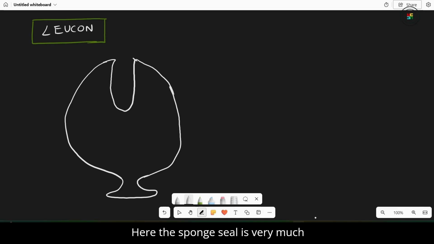Here the spongocoel is very much reduced.